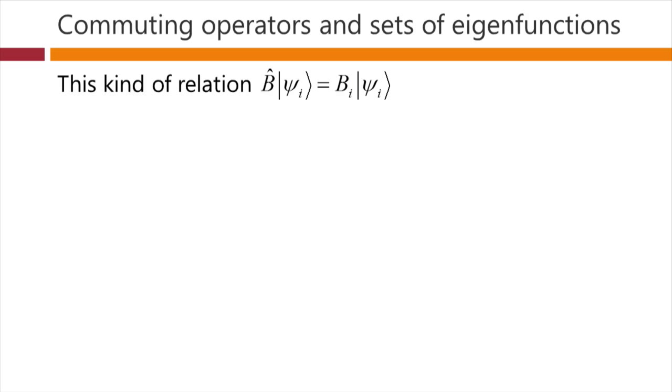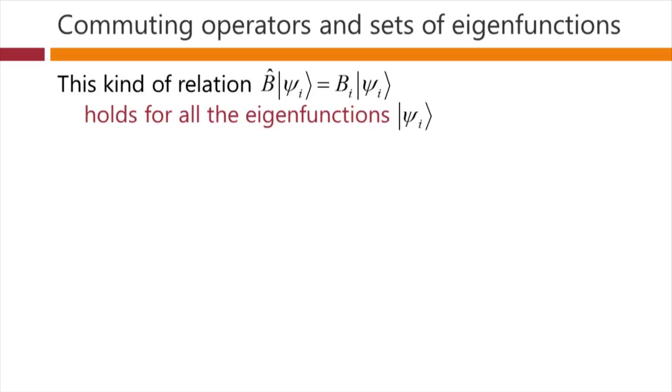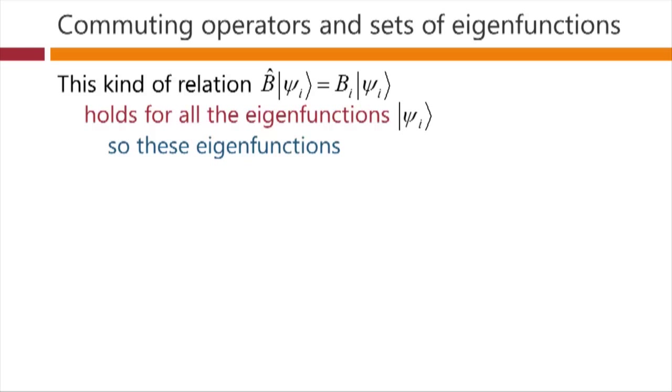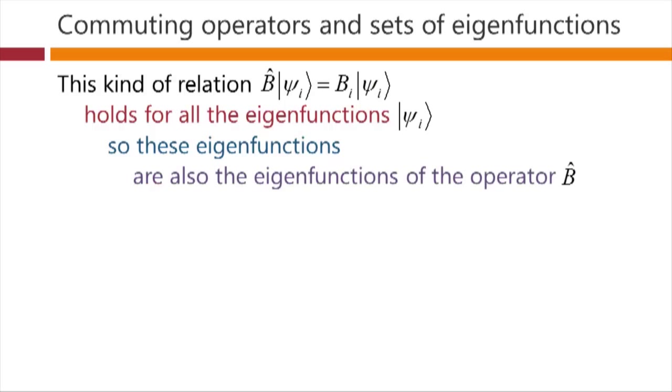This kind of relation, that B operating on psi I gives us a number bi times psi I, holds for all of these eigenfunctions here. We didn't care which of the eigenfunctions we chose for this particular proof so far. So these eigenfunctions are also the eigenfunctions of the operator B, because this is just an eigenequation. And this has to hold for all of these eigenfunctions here.